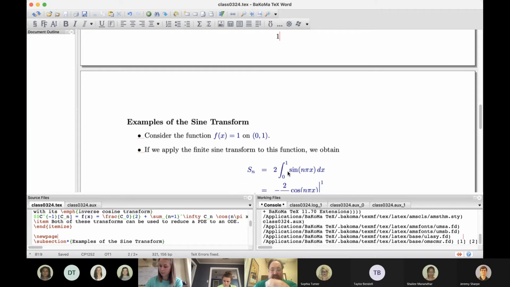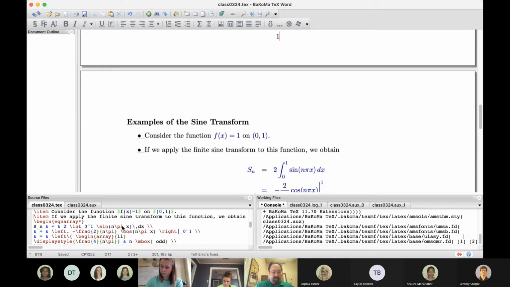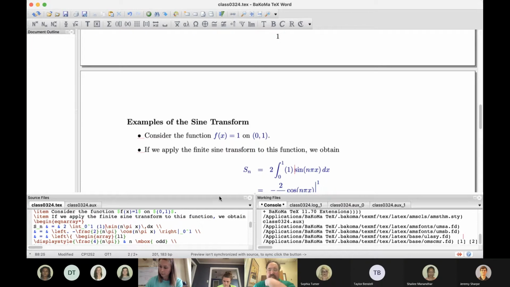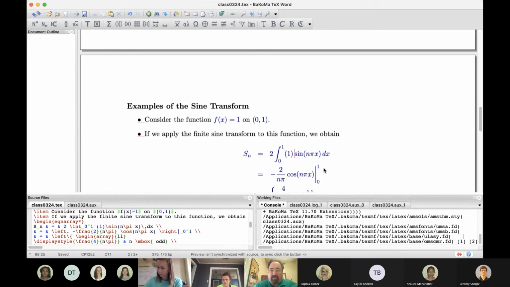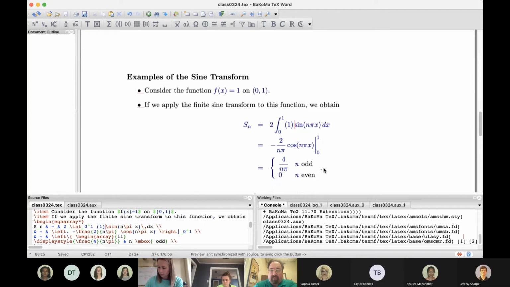My function is just 1, but I'll fill it in explicitly so you can see where it goes. Whatever function f of x you have goes here, and we're integrating from 0 to 1 of sine n pi x, because the length of the interval L is 1 in this case. We evaluate the integral and then plug in the limits.